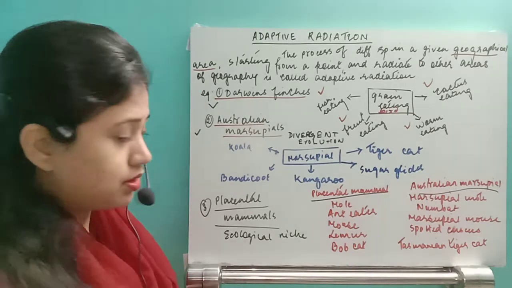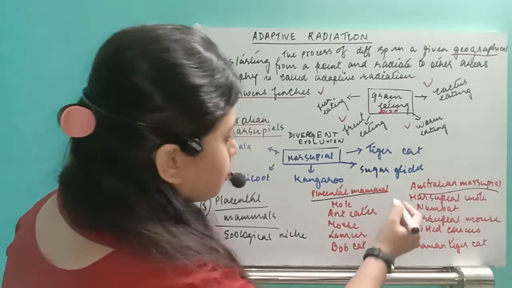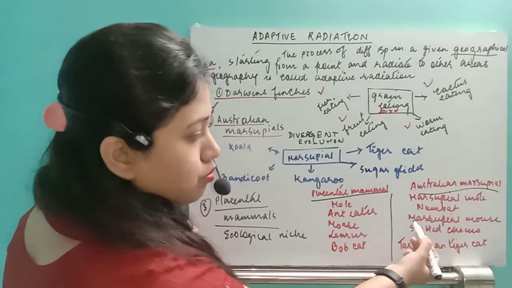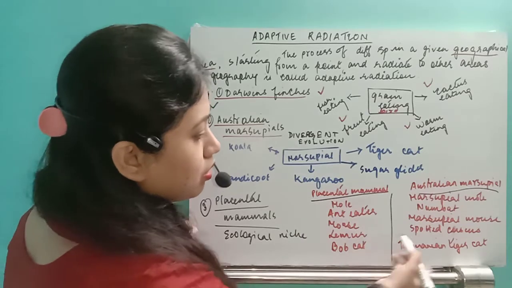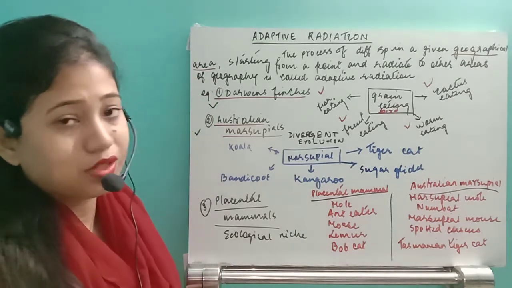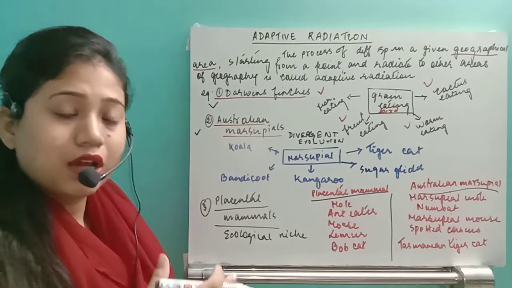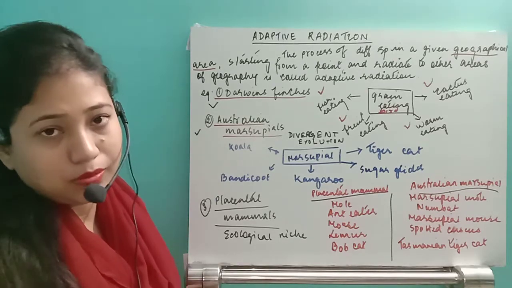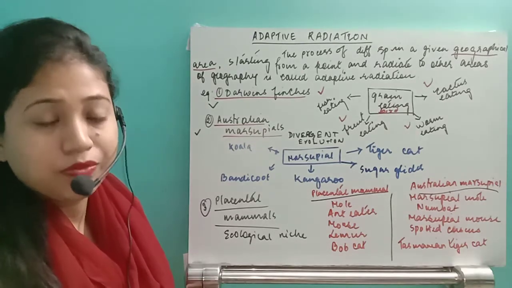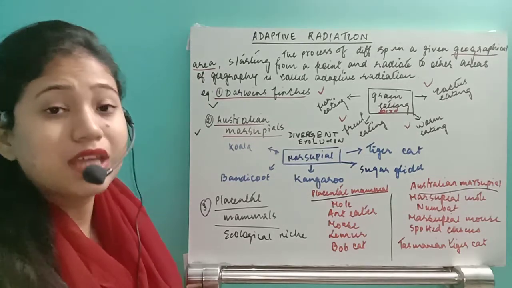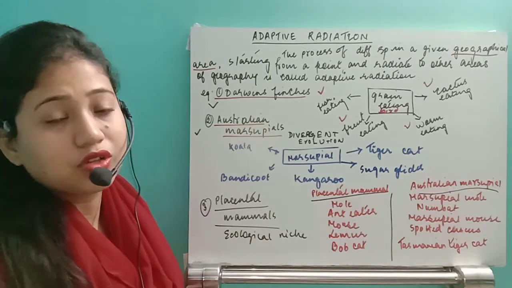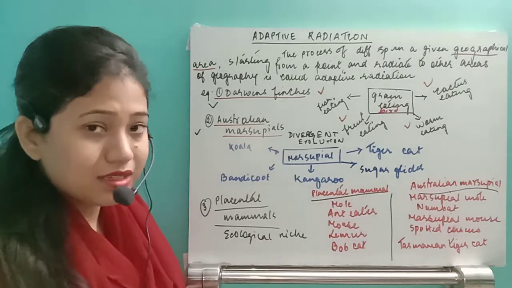Some of the examples are mole and marsupial mole, anteater and numbat, mouse and marsupial mouse, lemur and spotted cuscus, bobcat and Tasmanian tiger cat. All of them are examples of placental mammal and marsupial mammal. Both are completely different originally, but as they're living in the same ecological niche, they start to become structurally the same.